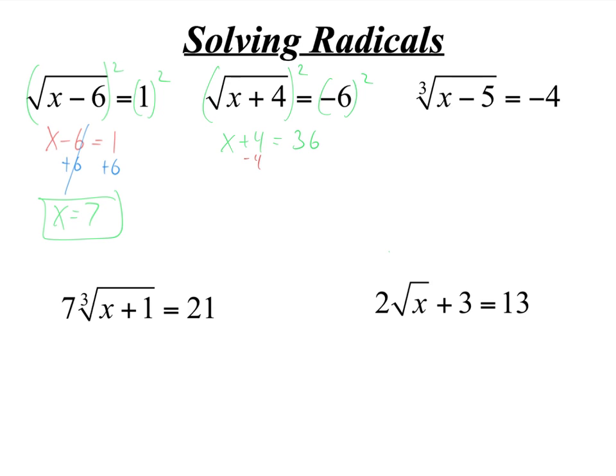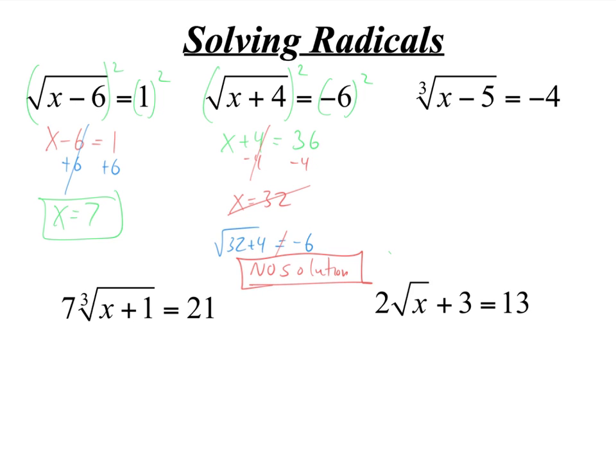Then I subtract 4 over. So I get x equals 32. When I plug in 32, watch what happens. 32 plus 4, does that equal negative 6? No, it doesn't. How can you have a square root of 36 equaling negative 6? This is not an answer. There is no solution to this one. No solution.